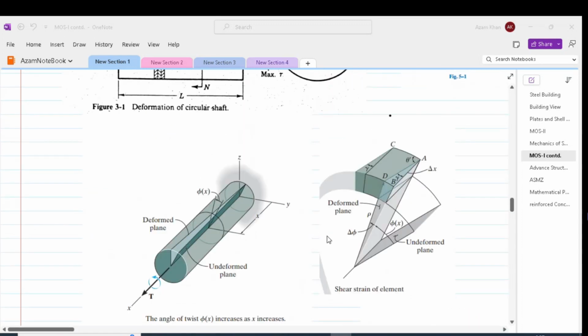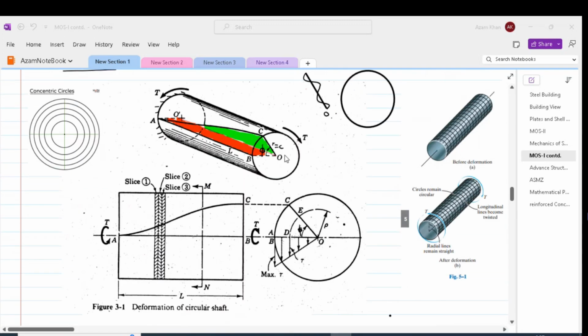As we have discussed, no warping of the cross section is allowed, and the radial lines will remain radial after deformation. Thus, the longitudinal fiber AB will twist into fiber AC, but it won't bulge out to the sides.